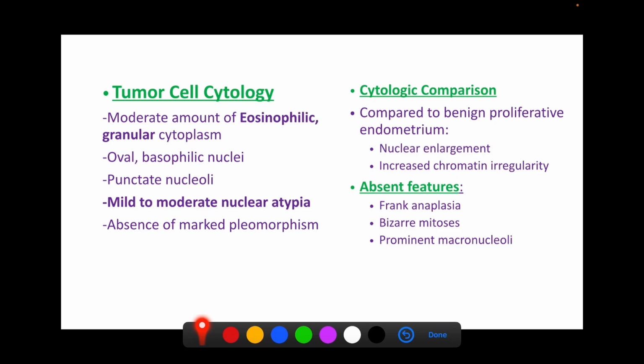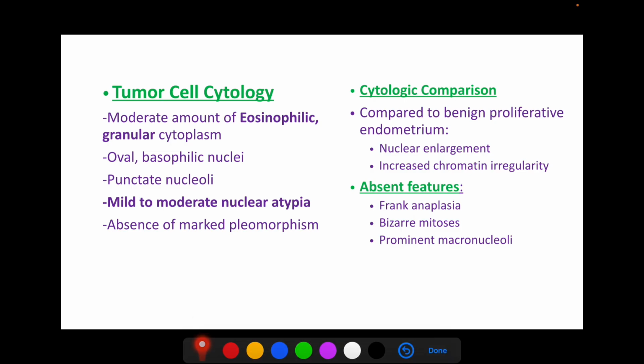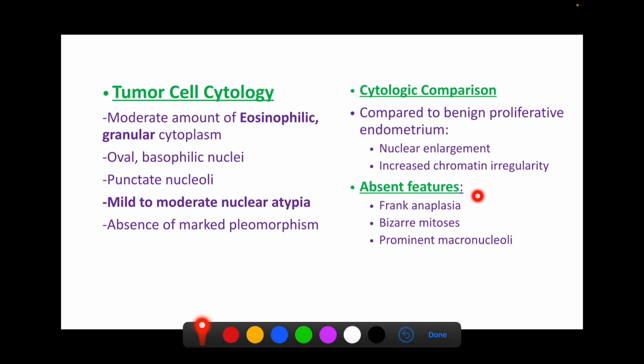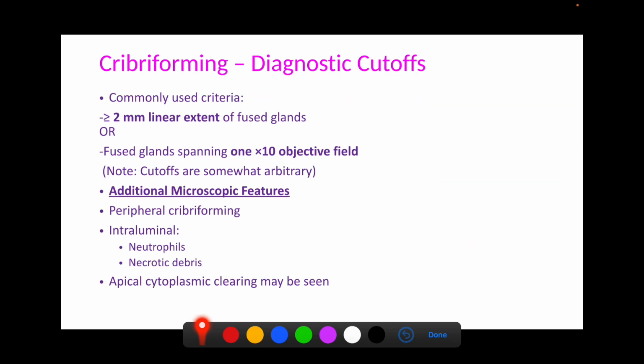Here, in this type of tumor, nuclear enlargement is there and increased chromatin irregularity is present. Absent features include frank anaplasia, bizarre mitosis and prominent macronuclei. If these three features are present, then we have to go for serous carcinoma.